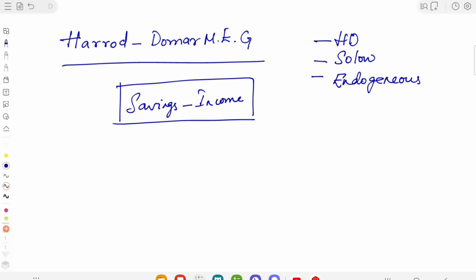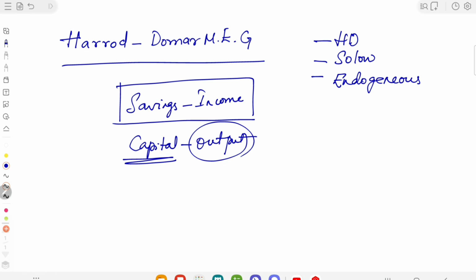That is one metric on which your economic growth will depend, and also on the capital to output ratio, that is, how much output you can get from a particular amount of capital that you invest in your economy. These are the two rates on which the economic growth of a nation depends, is what the Harrod-Domar model is saying.